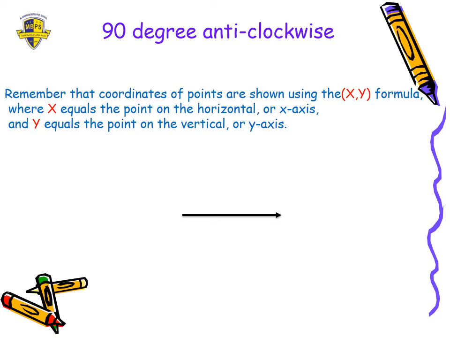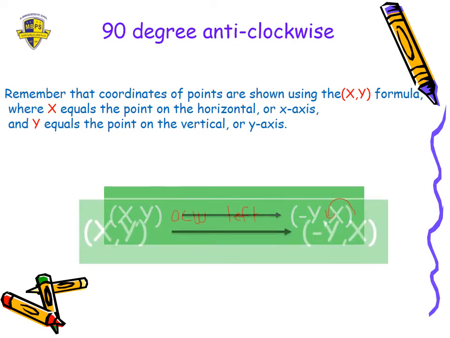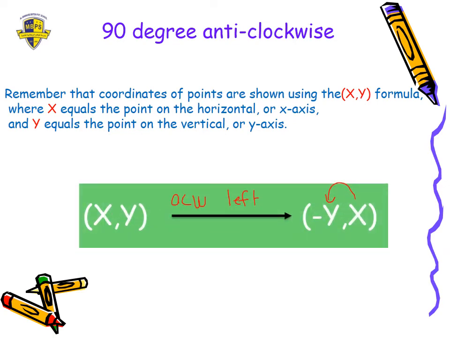X or Y? Anti-clockwise means to the left, and to the left means we have to change the sign of Y. So X and Y will be minus Y and X. So here we will not change the sign of X, no, we will change the sign of Y.